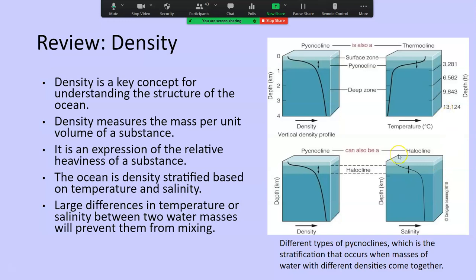And then we have a stratification that can occur because of salinity, and we call that a halocline. Fresh water sits on top of salt water. So when you have fresh water moving and trying to mix with salt water, that fresh water will actually move over top of the salt water.